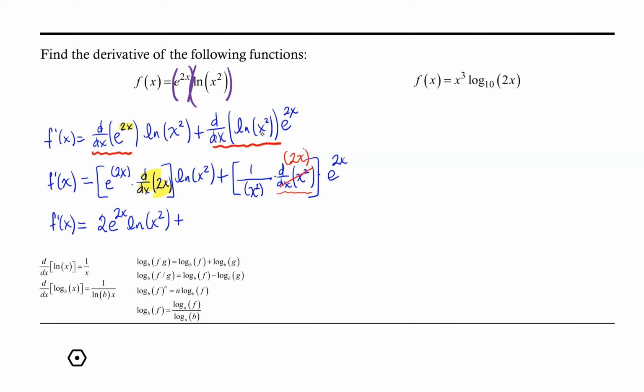So we can actually simplify a little bit and divide out one of those factors of x. And so we end up with 2 over x times e to the 2x. And there's our derivative.